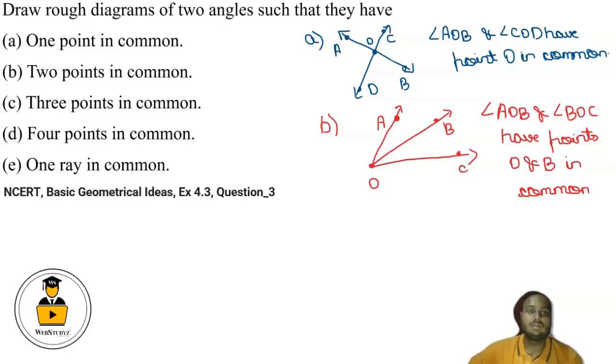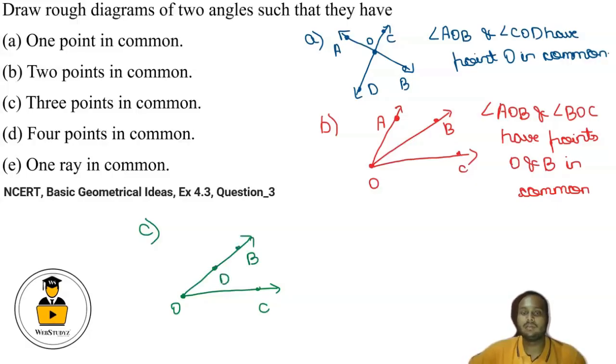Fine. Now let us solve the C part. 3 points in common is asked here now. So let us draw this. Let's take this as O, this be C. Now on this, let us name 2 points B and D. Fine. And here B, A. Fine.